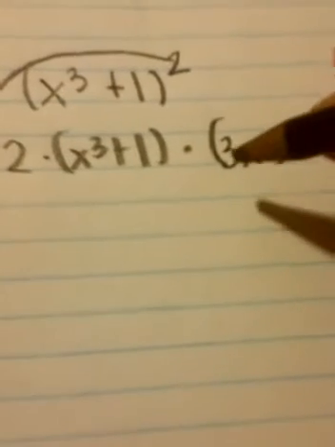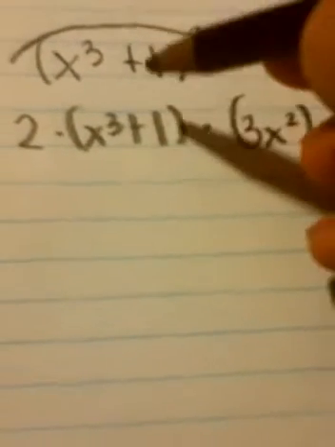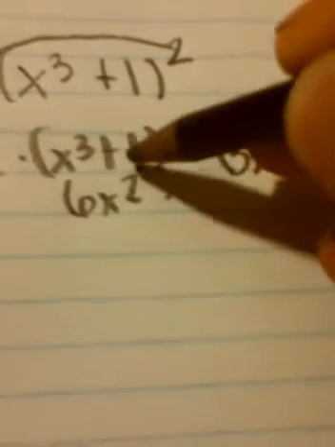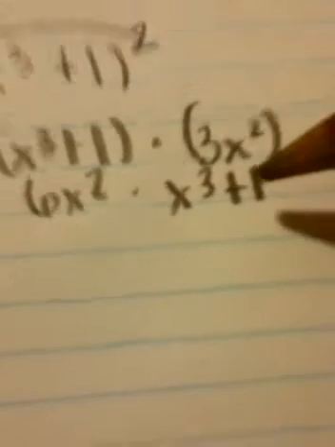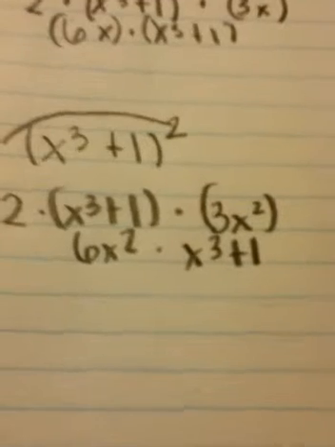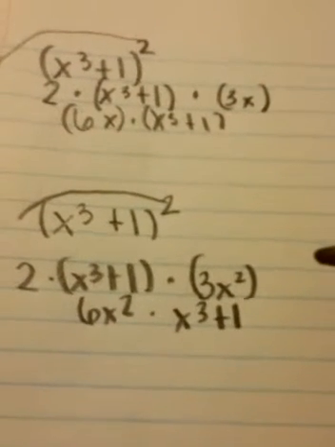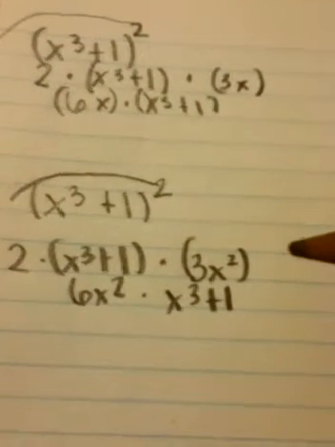Now we could multiply 3x squared plus 2 to simplify. That will be 6x squared times you bring down the x cubed plus 1. And that's your final answer, deriving using the chain rule.